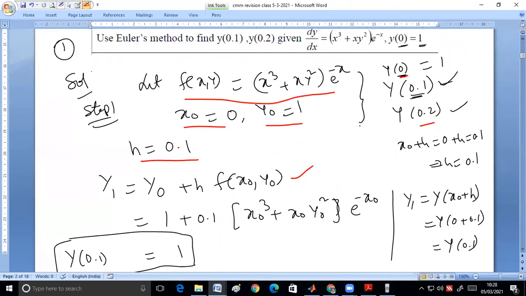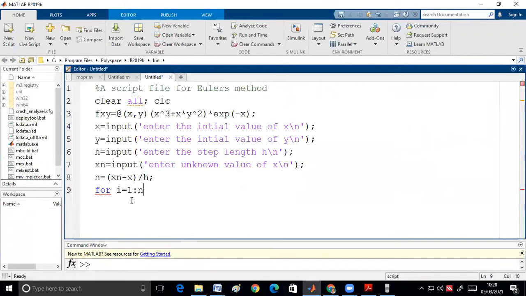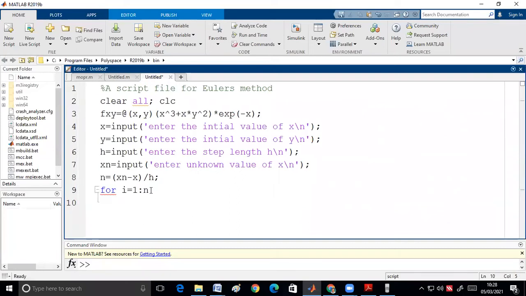So with the help of programming, easily we can find y of 0.1, y of 0.2, y of 0.3, etc. up to y of 1 with step length 0.1. For this purpose, we are using a for loop for I equals to 1 to n. Initially, I value is 1 up to I equals to n. N is in this situation particularly 2.